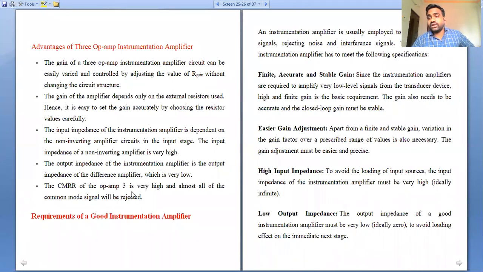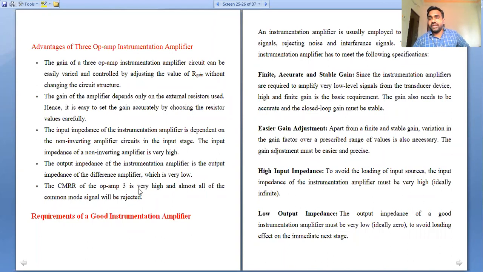Why? If the common mode rejection ratio is high, the common mode signal created under ideal operational amplifier conditions will be eliminated, and the operational amplifier will take only the differential input, so that the voltage gain will be proper and high.